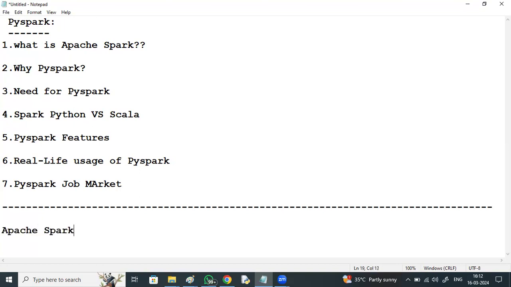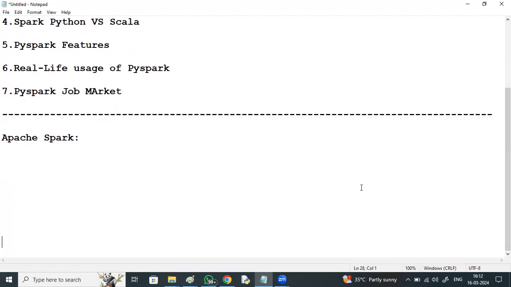Apache Spark. See, Apache Spark is an open source distributed cluster computing framework introduced by Apache Software Foundation.